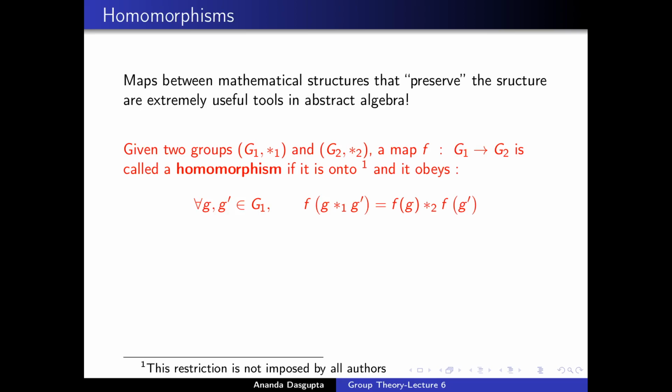A map f from G1 to G2 is called a homomorphism if it is onto and it obeys this particular relation.